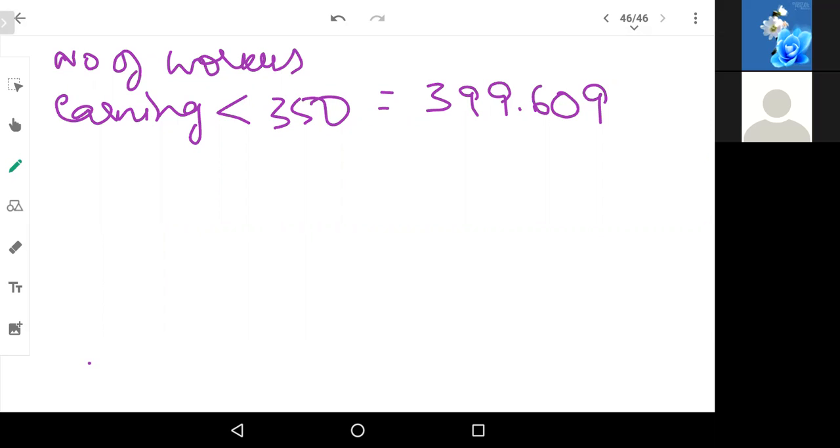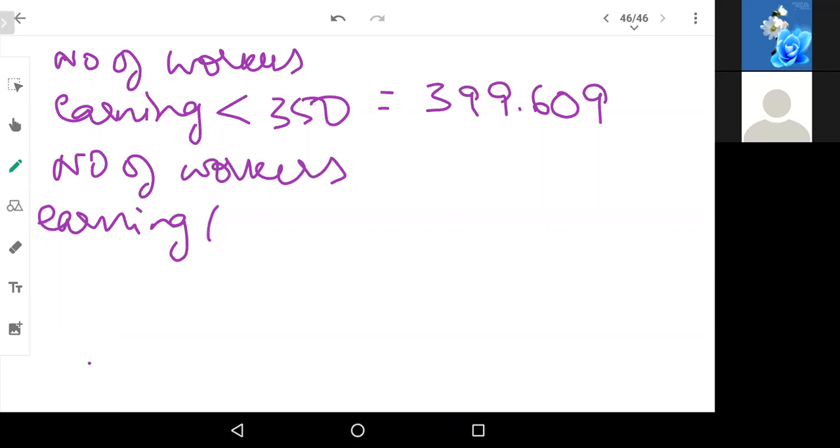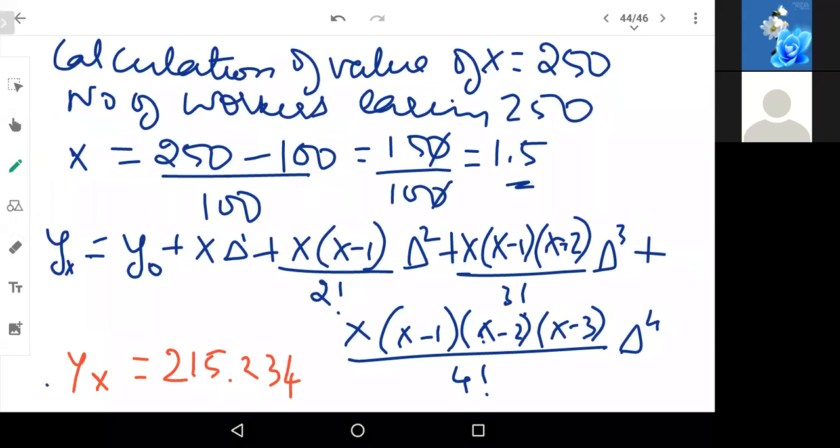Okay, then number of workers earning less than 250. That is the first value. That will be, see, 250 is here, 250 is here.